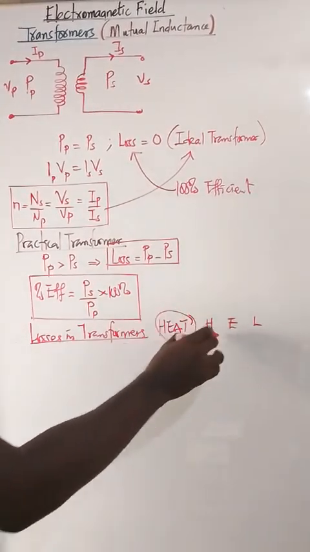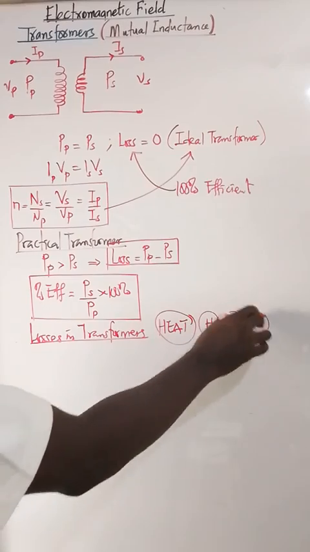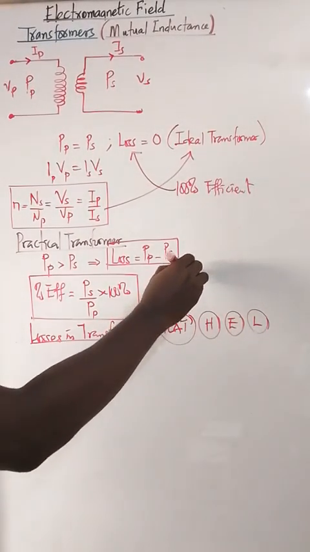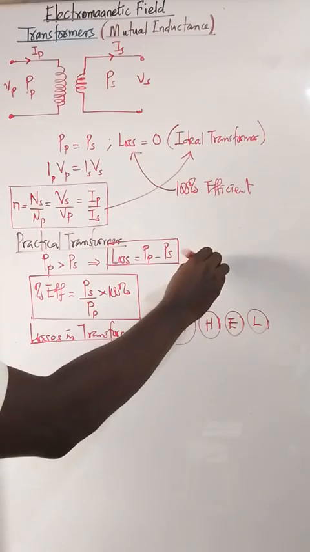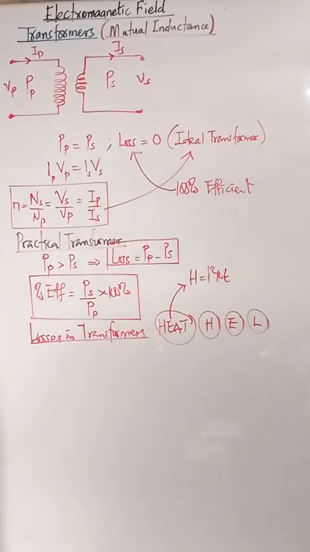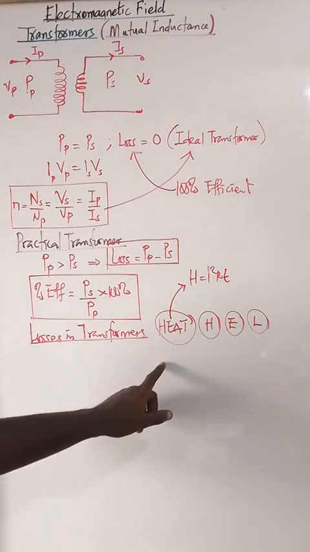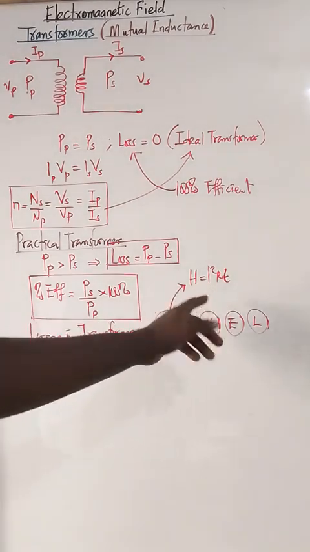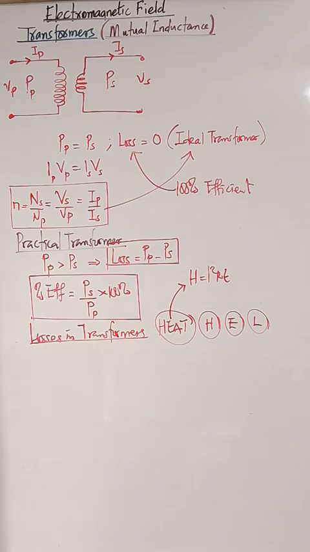So we have H, we have E, we have L. So what is it? It is just heat loss. Because current will flow in the coil, and the coil has resistance, so heat will be generated. So we have what? Loss due to heat produced in the conductors or in the coil when the current passes through them.